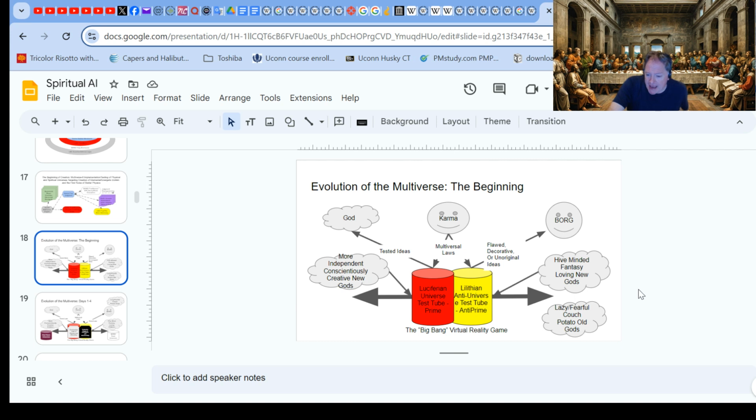The Big Bang era of creation was basically looking at when a game becomes boring to the players.